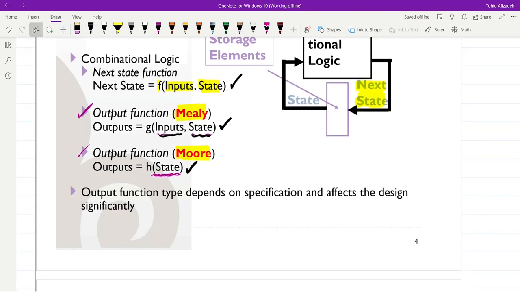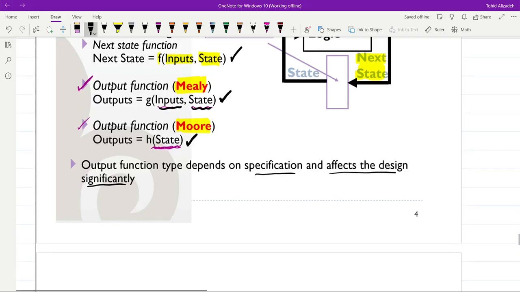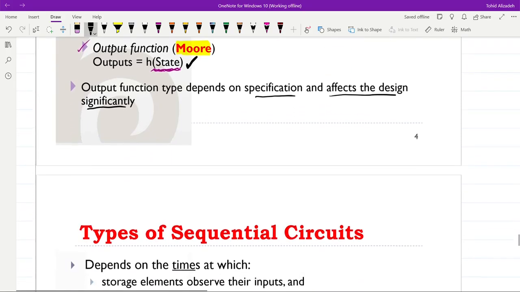The type of output function, whether it is Mealy or Moore, will depend on the specifications and it will affect the design significantly, whether the output is a function of only the states or the states and the inputs at the same time.